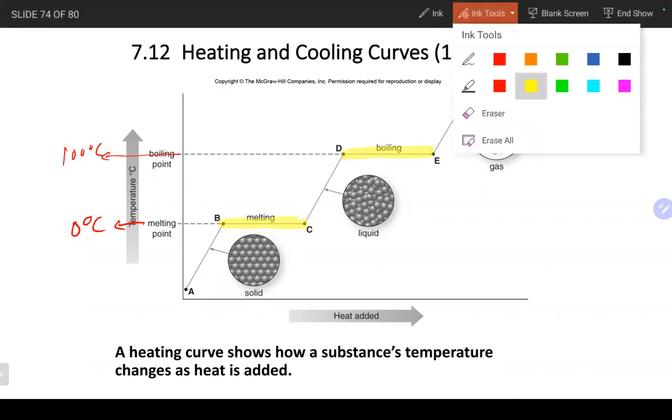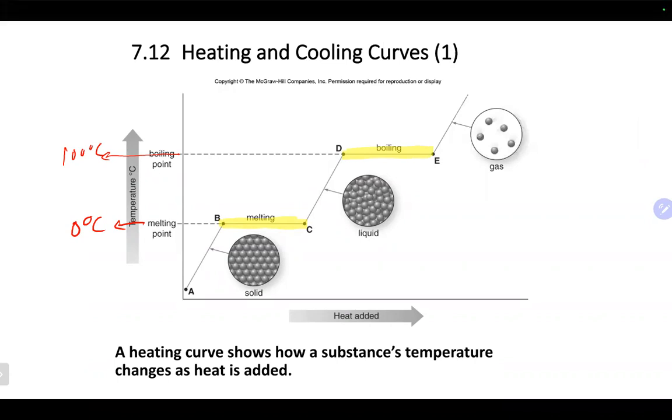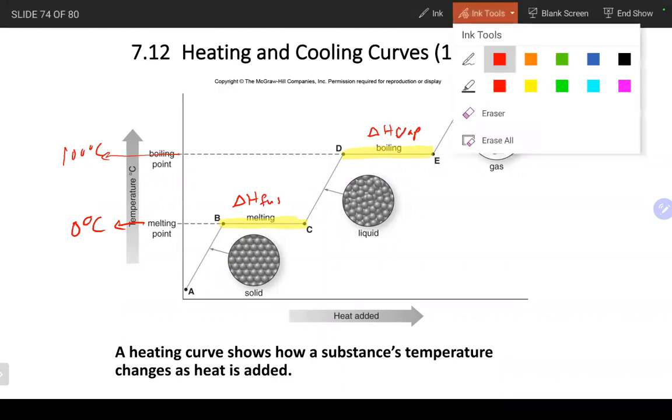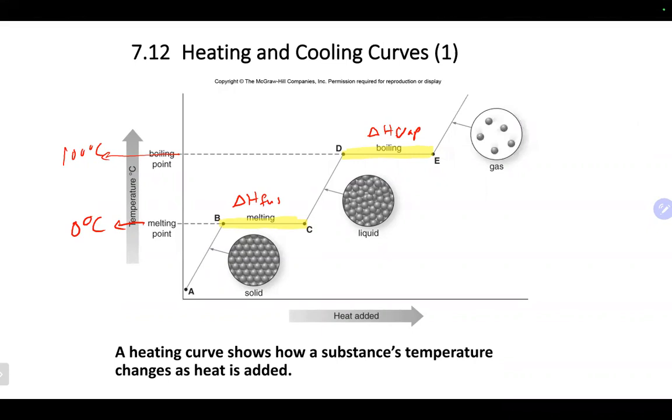So if you had to do a calculation going from those points, this is where you would use your delta H of fusion. This is where you would use your delta H of vaporization up here. Anywhere on this graph where you go upwards and not plateaued out, like this way or this way, all those green ones are places where we change the temperature, but the phases stay the same.